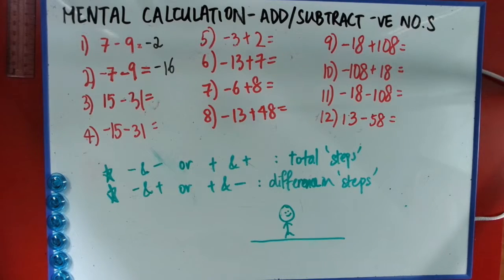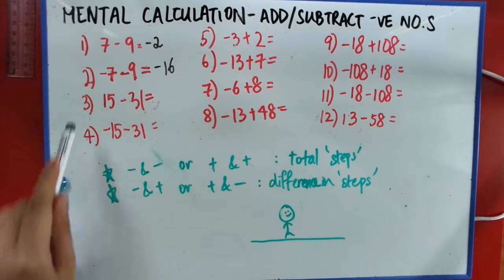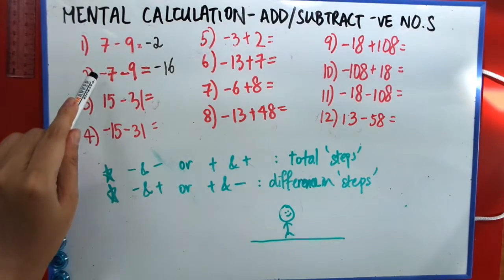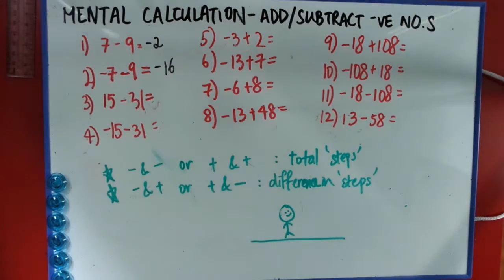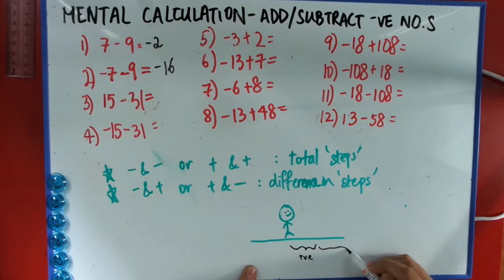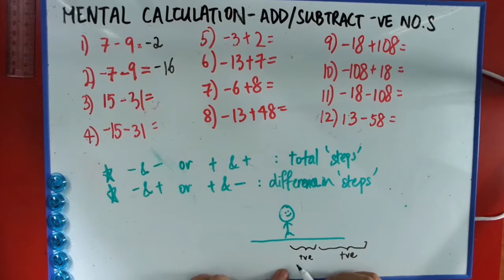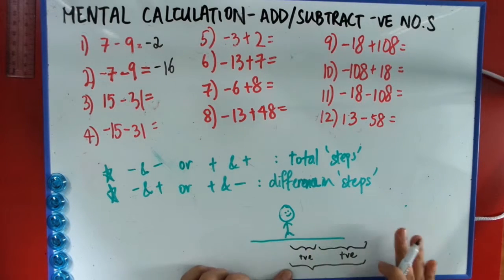So the general rule is like this. If my question is minus and minus, like question 2 and question 4, or plus and plus, plus and plus is not a problem for most people. Two positive numbers you add together. This is what I call total steps. So if I have a positive number to the front, and I take another positive number again, I'm trying to find the total number of steps taken forward.